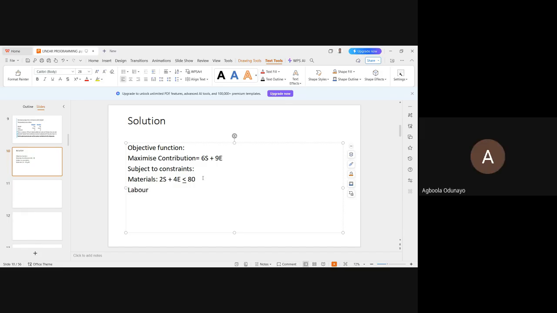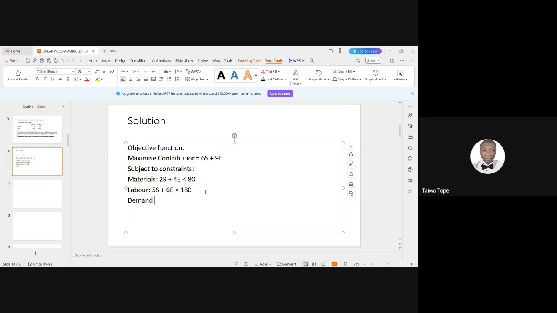For labor, it will be 5s plus 6e, less than or equal to 180 hours. For demand, how are we going to express that?